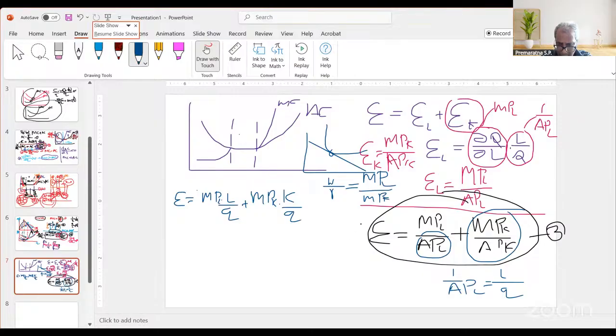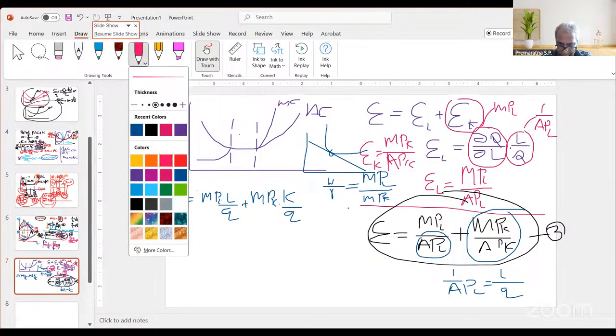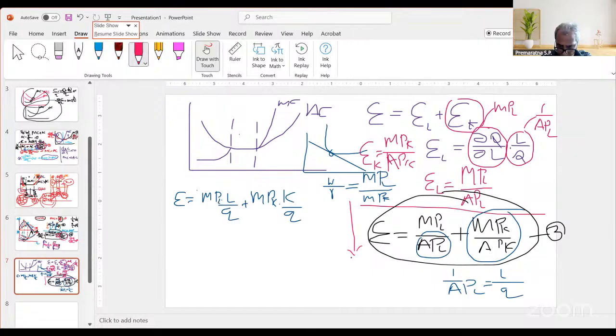That optimal condition, you can also see in the textbook. In other words, MPL divided by W, that is the per dollar labor productivity, must equal MPK divided by R, the optimal point.